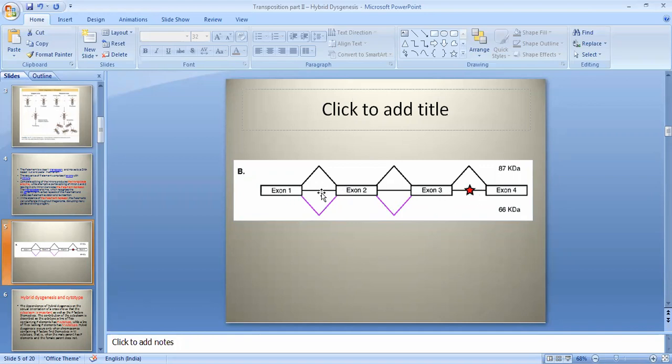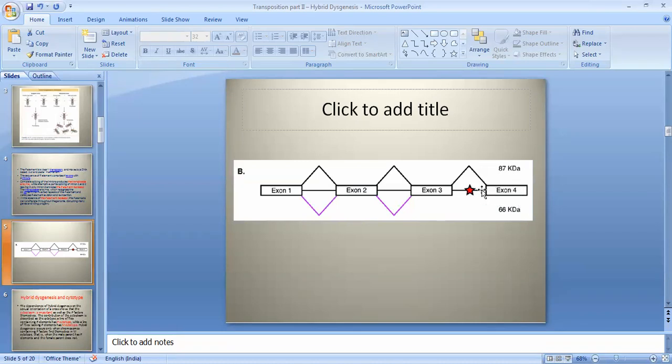The mRNA after splicing comes out of the nucleus and moves into the cytoplasm along with this third intron, and there in the cytoplasm the ribosome tries to translate the whole mRNA, but when it comes to this intronic portion, it encounters the stop codon and cannot translate further.